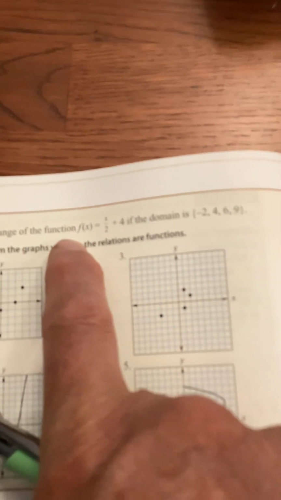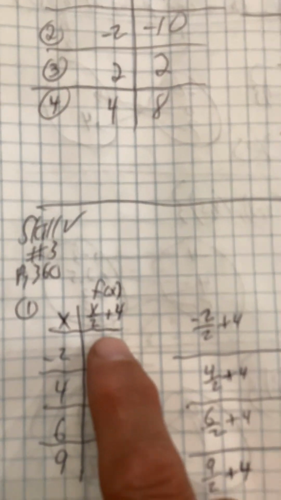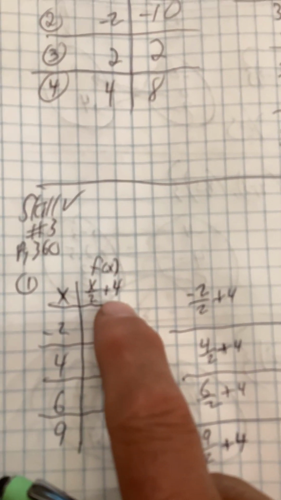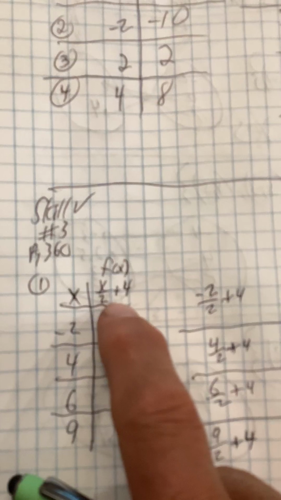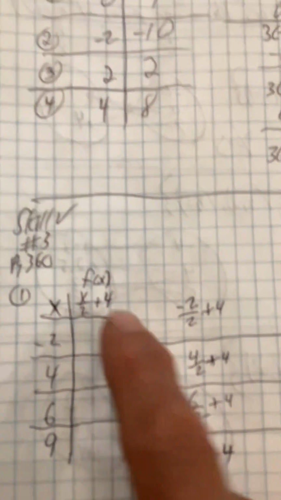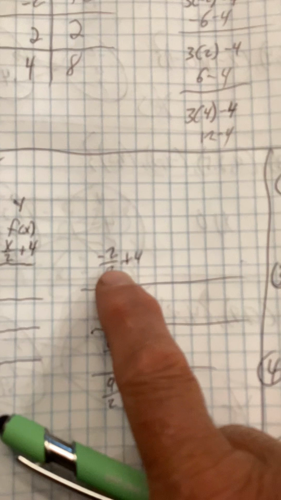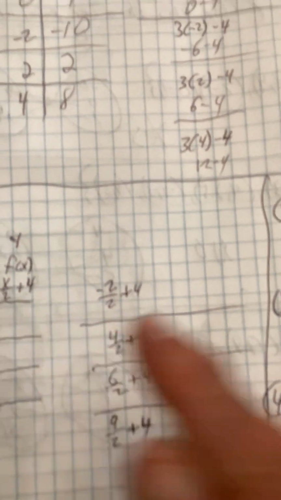For skill check number 3 here, find the range, and here it is. So this is kind of like the other one. Here's my f of x, which is x over 2 plus 4, which is kind of like the y. When I plug in negative 2, what's half of negative 2?